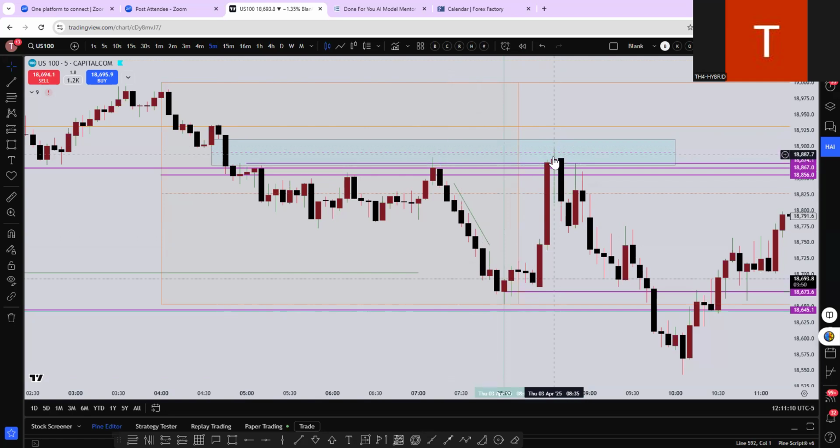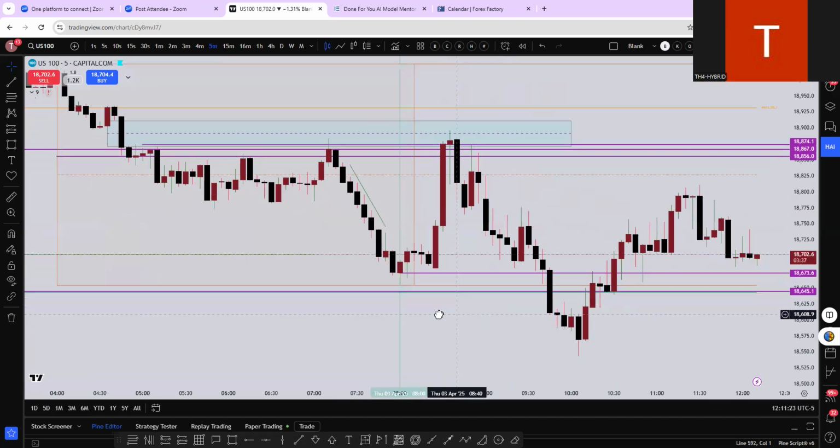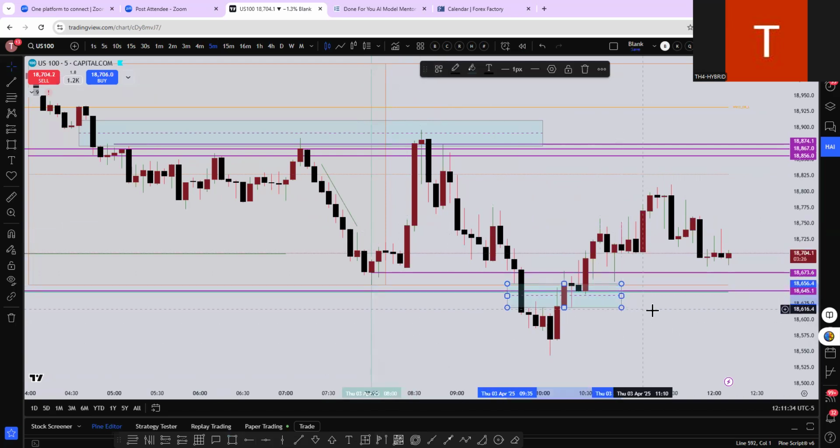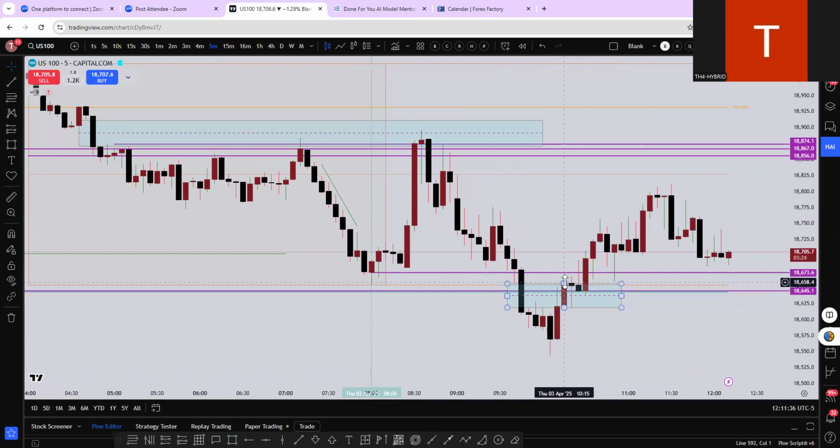So when we get up here and we fail to close above and we start closing back inside the range, we can look for something that we know and love to then take the trade to take out that low. Then even though we're bearish, after we close below our low, we can see what's printing and trade accordingly as well. We have a directional gap. Look what happens when we close that in. It's a nice buy to come back inside the range.